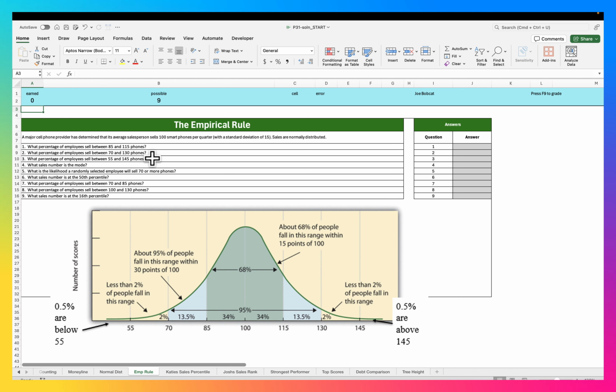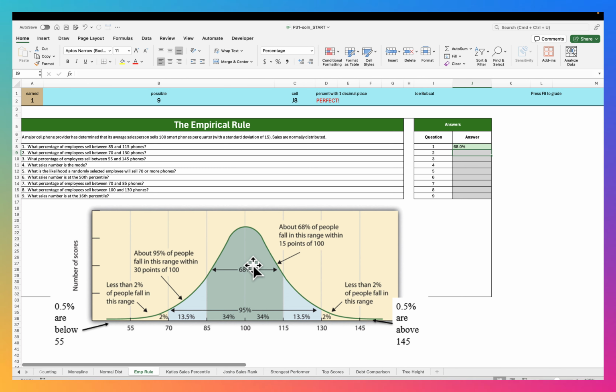And so what percentage of employees sell between 85 and 115? Well, here's 85 at 1 standard deviation. Here's 115, right? So we know that between that and that is going to be 68% by the empirical rule. So just type 68. What percentage sell between 70 and 130?